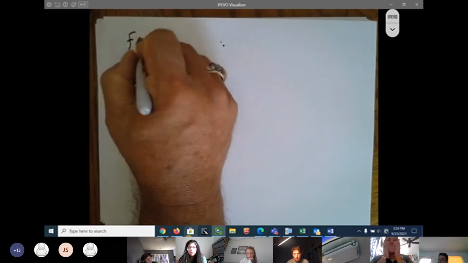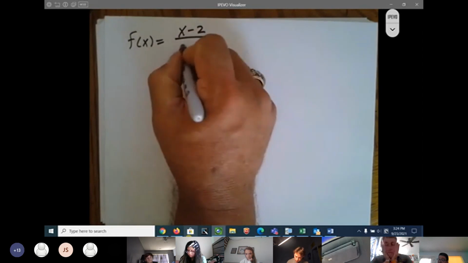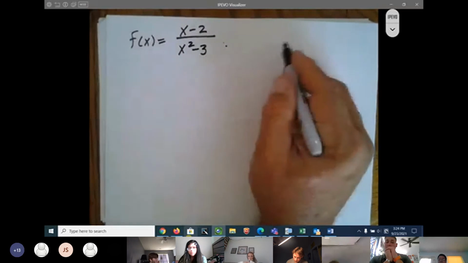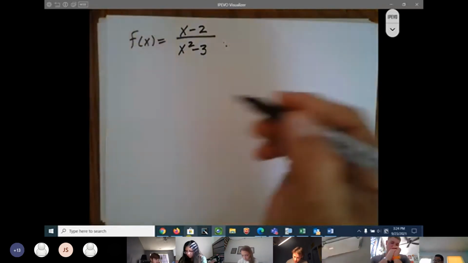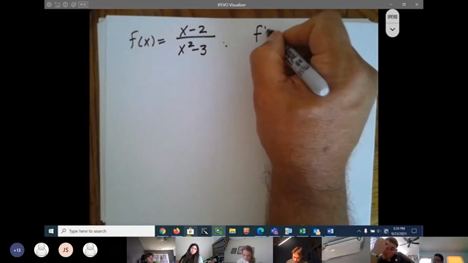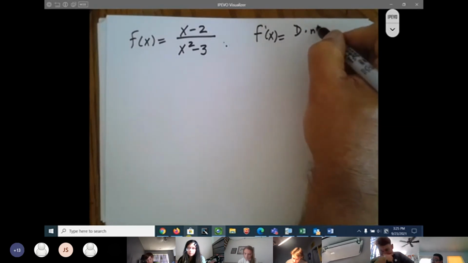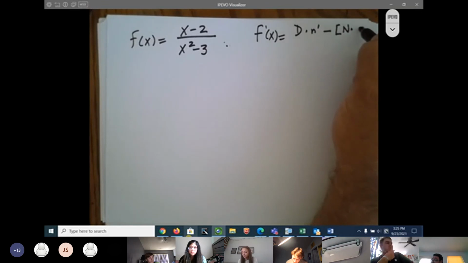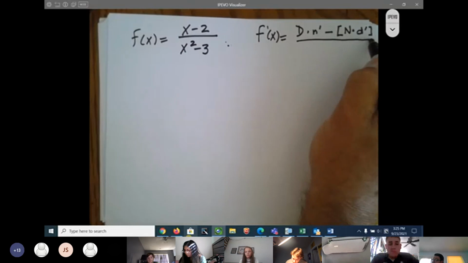f of x is equal to x minus 2 over x squared minus 3. I'm going to write out the quotient rule over here, and I want you to see if you can actually do it with what we just did with the power rule. So the quotient rule says f prime of x is equal to denominator times the numerator prime minus the numerator times the denominator prime over the denominator squared.